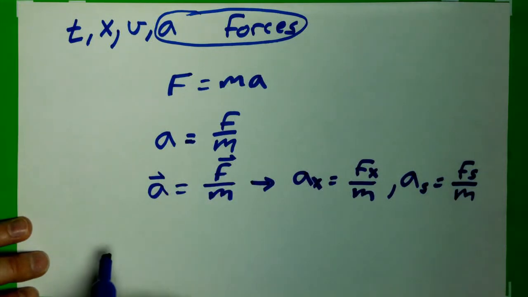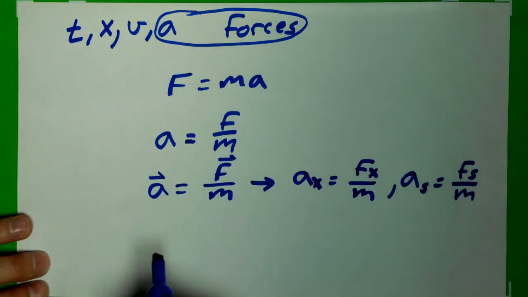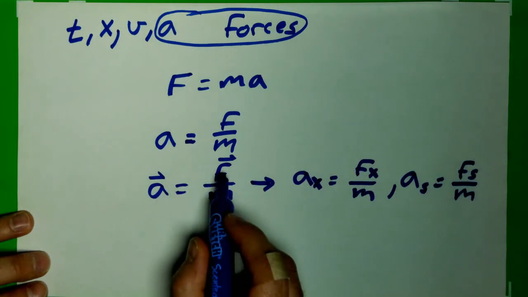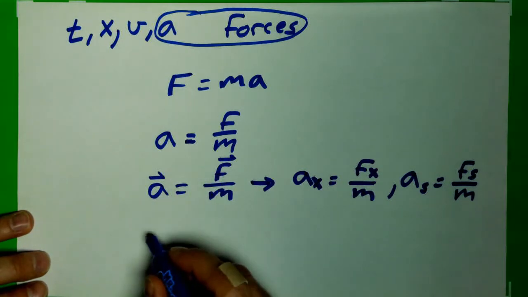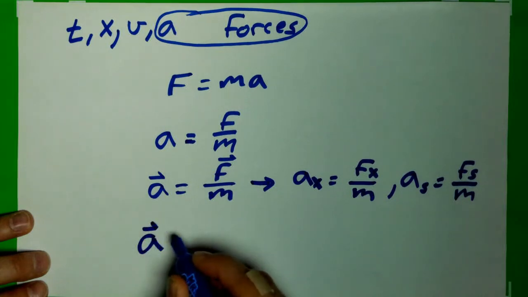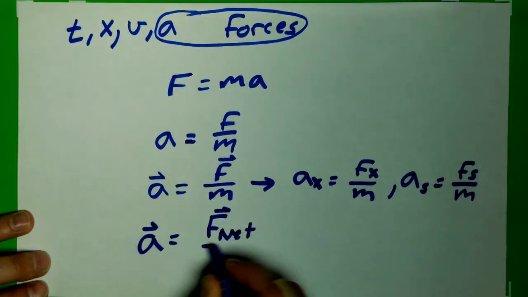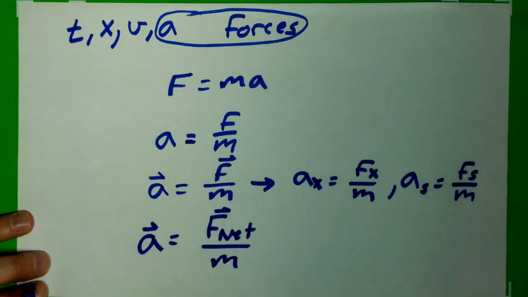They are vectors. Another thing to embellish this is to talk about, well, an object could have forces on it but not necessarily accelerate. Why is that? Well, it's because it's not about just a force, but it's about the net force, the combination of all the forces acting on that mass.